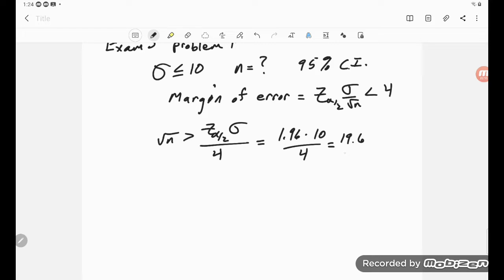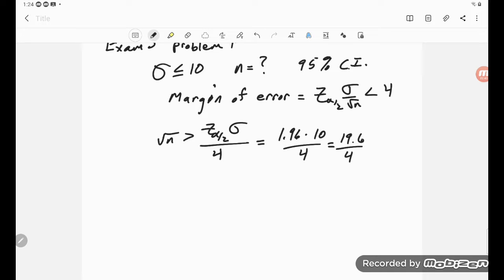Is that right? It seems smaller. What are my answers? What did I just look at? Let's see. So 1.96, 10, that's 19.6 divided by 4, oh yeah. Whew. Gosh, I forgot I hadn't squared things yet.